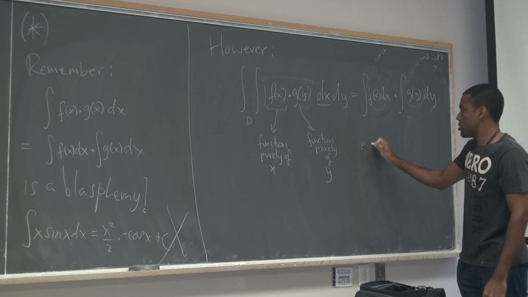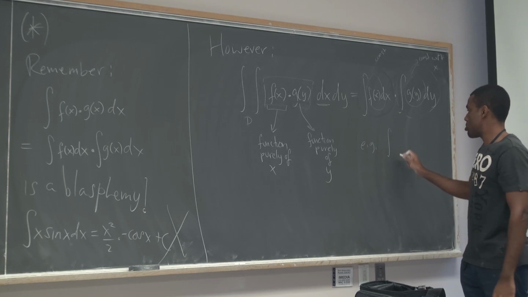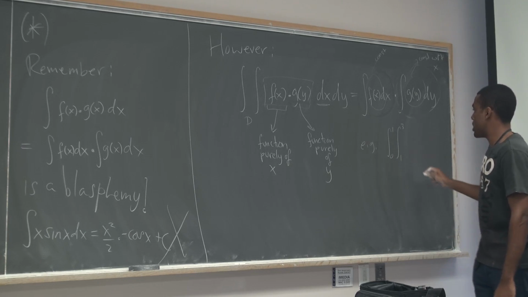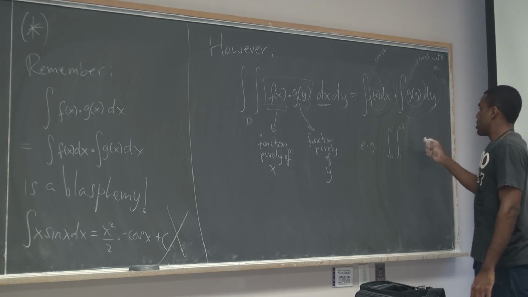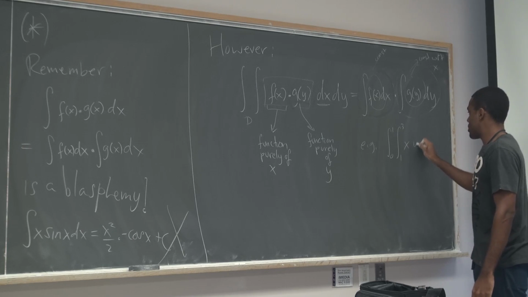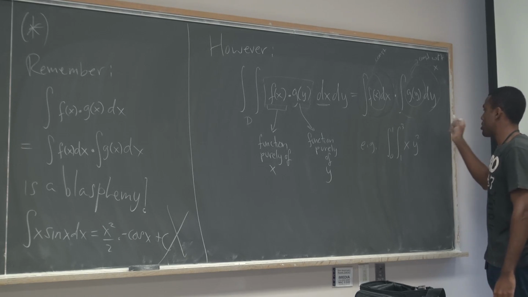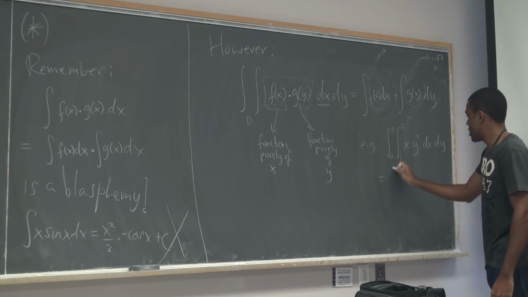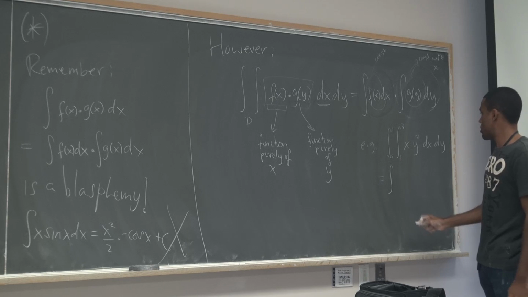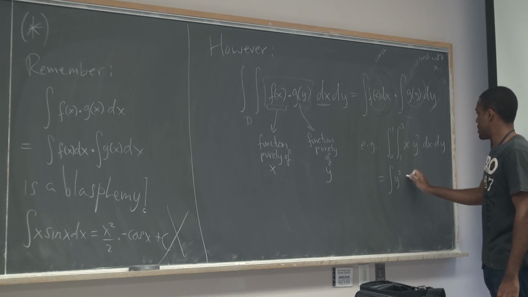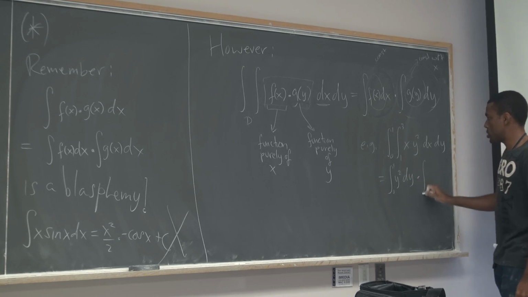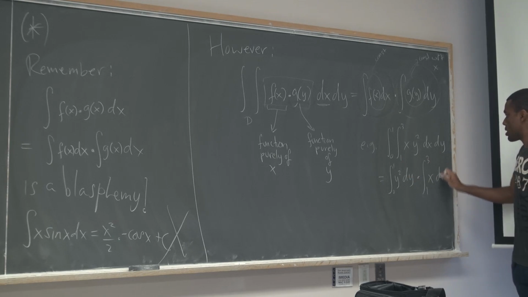So, for example, if I see something like 0 to 1, 1 up to 3, x y squared, dx dy, I can literally just think of this as the integral of y squared dy from 0 to 1 times the integral from 1 up to 3 of x dx.